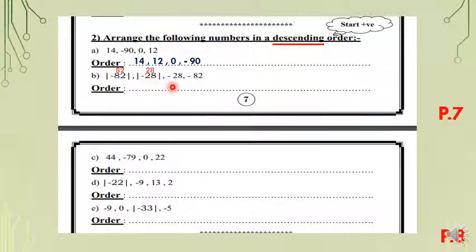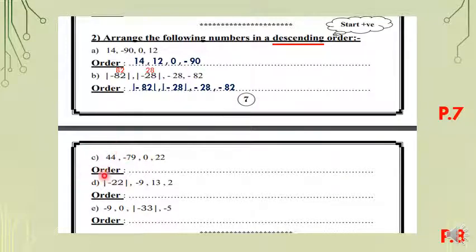Then we are going to take the two negative numbers, negative 28, negative 82. The negatives are crazy. Which is the biggest? Negative 28. So my answer will be absolute value of negative 82, absolute value of negative 28, negative 28, and negative 82.